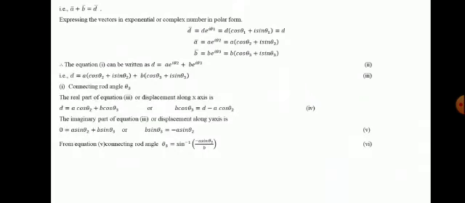Let A dash plus B dash is equal to D dash. Expressing the vectors in exponential or complex numbers in polar form, D dash is equal to D e to the power of i theta 1 is equal to D cos theta 1 plus i sin theta 1.